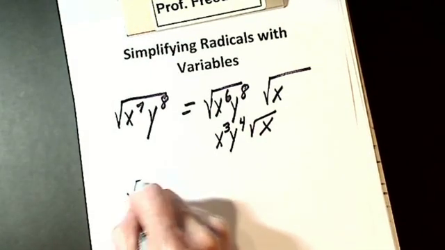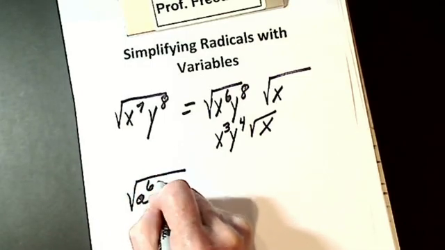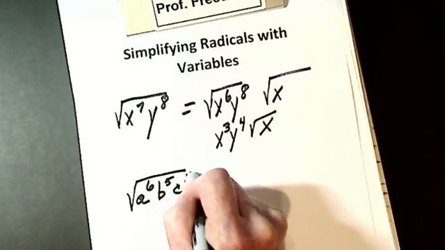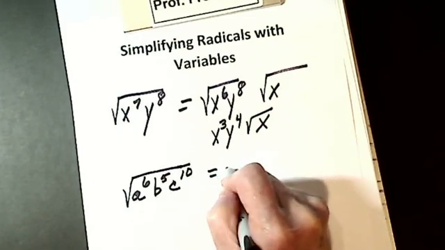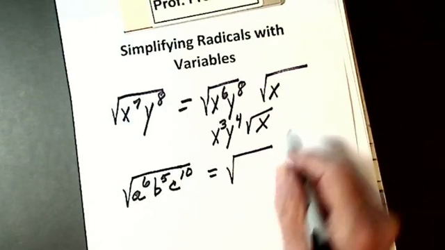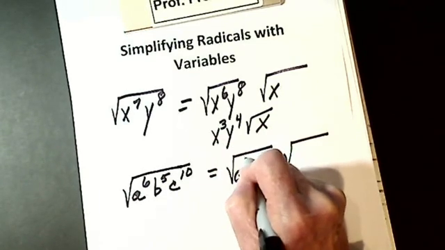Let's do another one. Let's make it a to the 6th, b to the 5th, c to the 10th. Any even exponent goes here. I can take the square root of it. This is my odd. So, a to the 6th is even. Eventually, it's going to be a cubed.